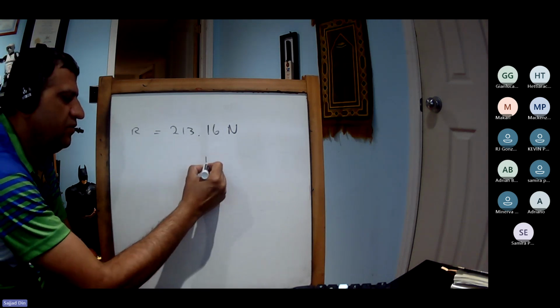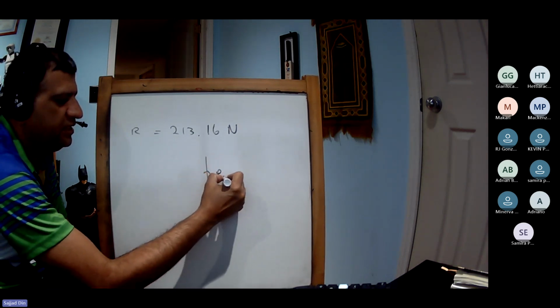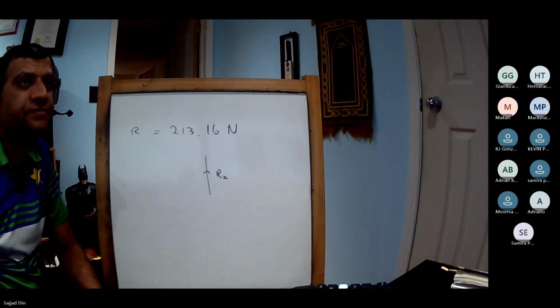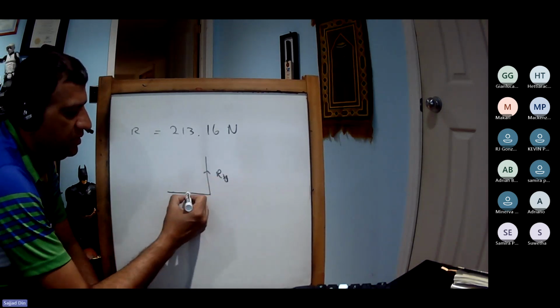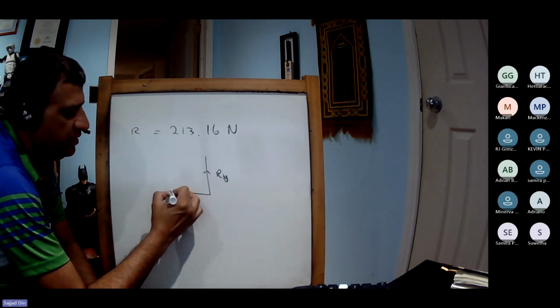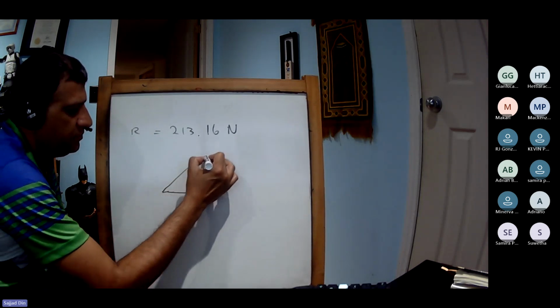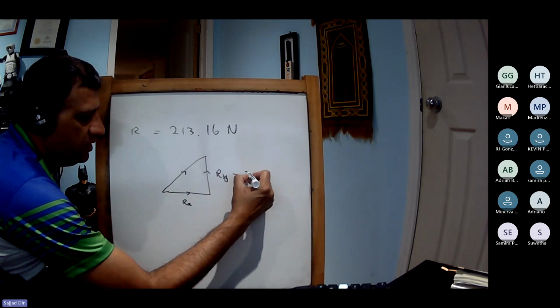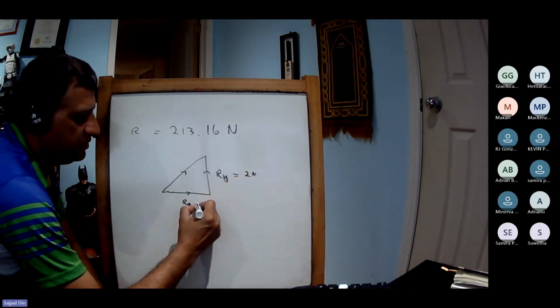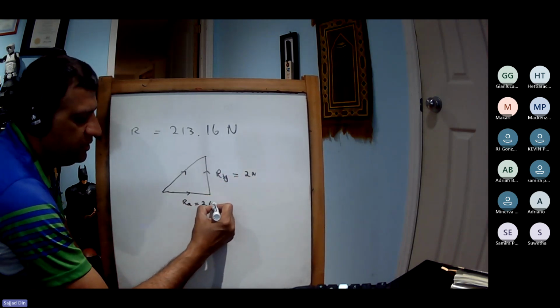So let's say you've calculated the resultant. Let's say you got Ry and Rx. You can get the magnitude by simply, let's say Ry is 2 newtons and Rx is 2.6 newtons.